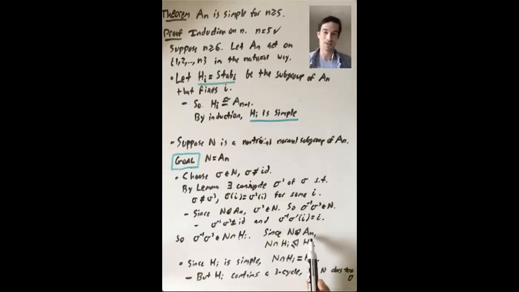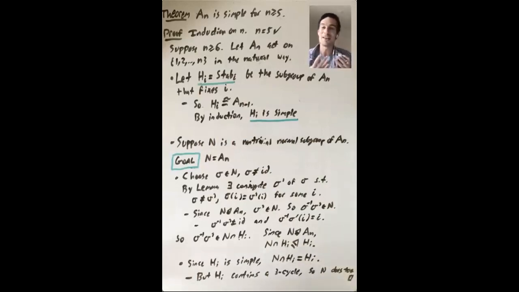Since N is a normal subgroup in A_n, when we intersect with H_i, we get that N intersect H_i is a normal subgroup of H_i. So N intersect H_i is a non-trivial normal subgroup of H_i. But we know that H_i is simple. So the only non-trivial normal subgroup of H_i is all of H_i. So N intersect H_i equals H_i.